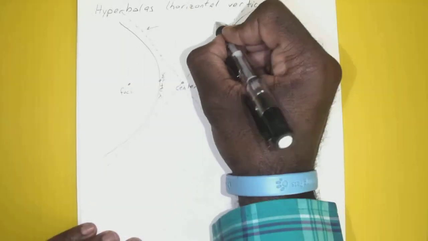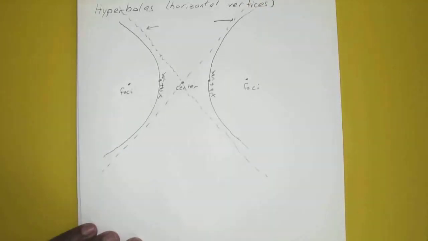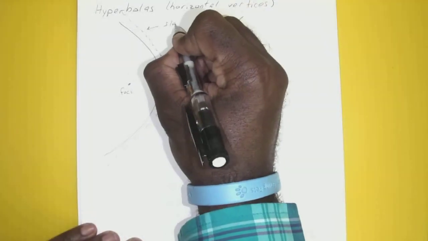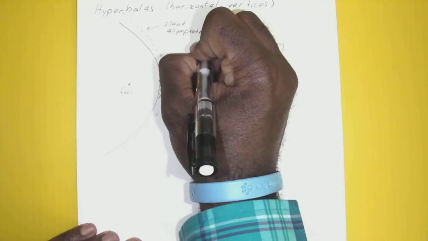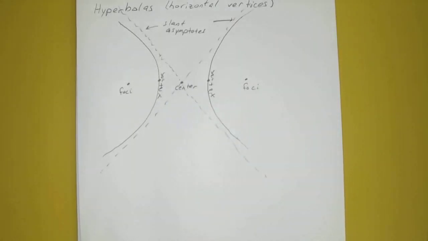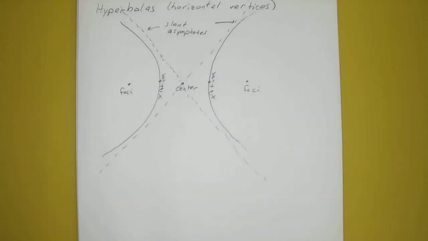So these are your slant asymptotes. All right. Now we'll get to the actual formulas.